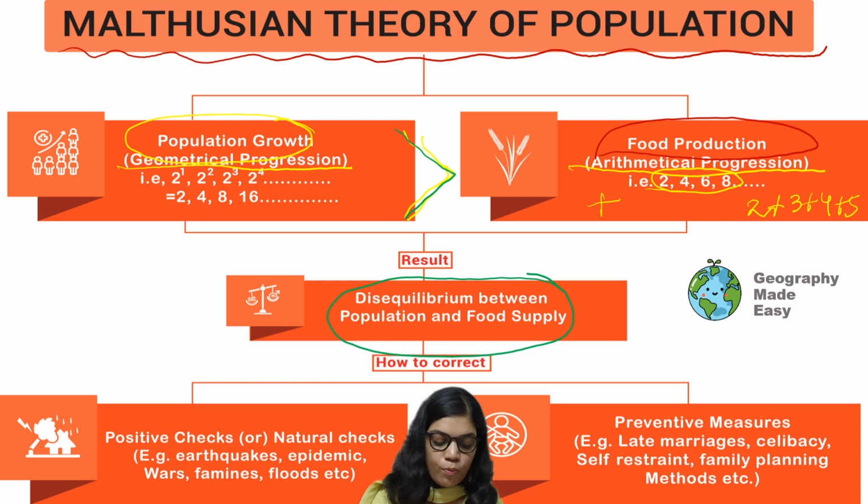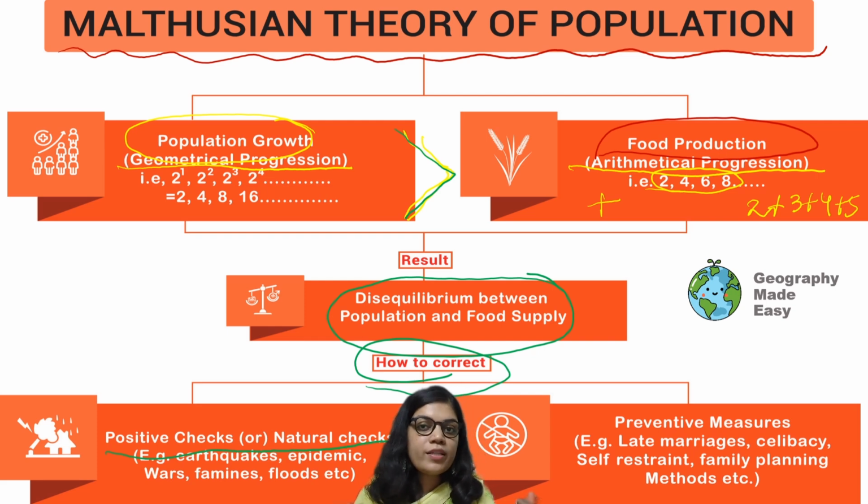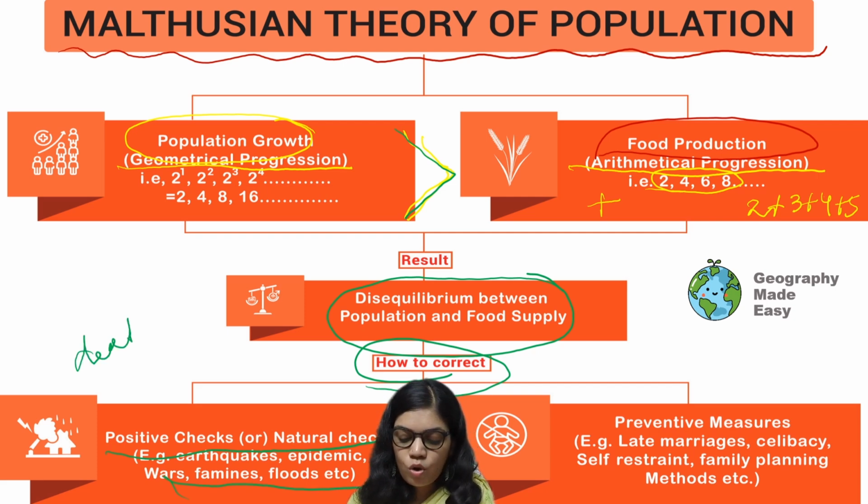And how does it do so? Through positive checks or natural checks, such as epidemics, or any kind of disaster which leads to the death of a large number of people. And we have the preventive measures, that is when we do not have children. For example, we have late marriage, celibacy, family planning, and contraception.